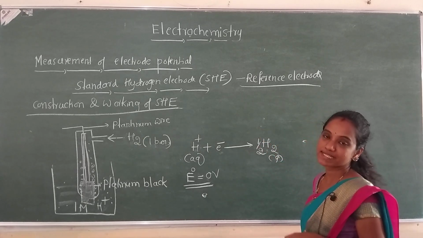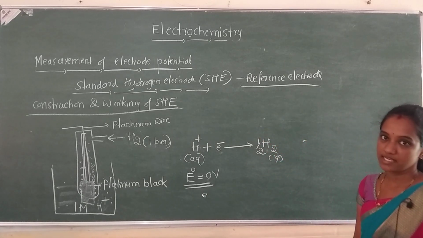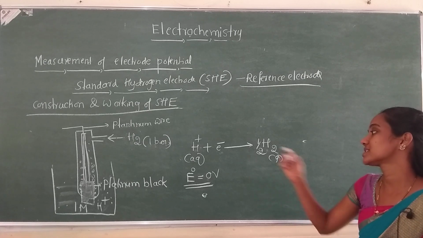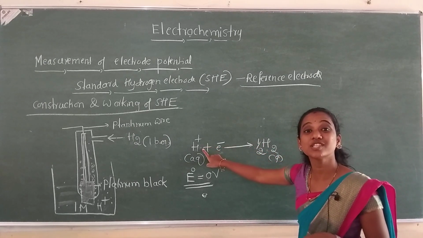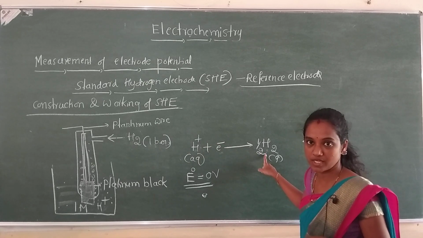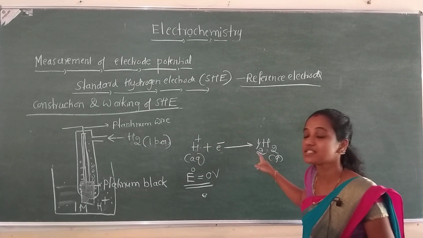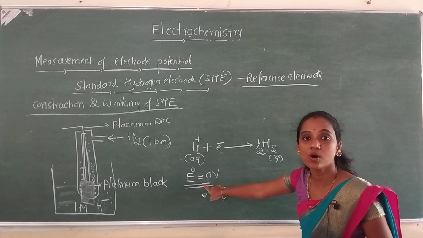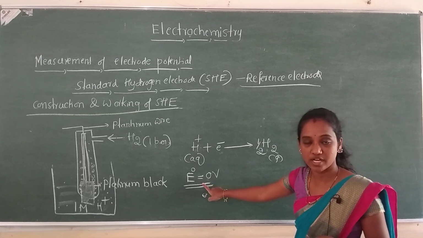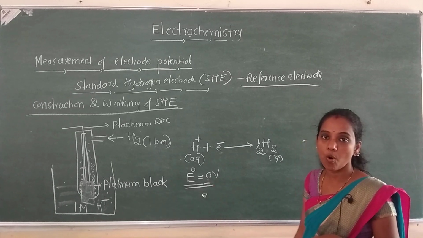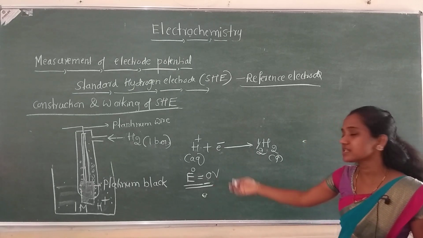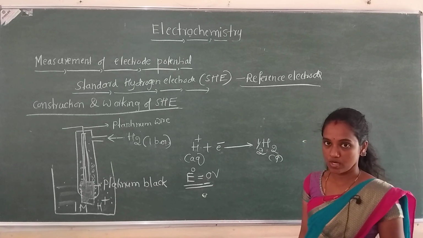So both processes occur simultaneously. There exists an equilibrium between the oxidized species and the reduced species. As a result, there is a development of standard electrode potential, whose value is 0.0, or simply 0 volts.